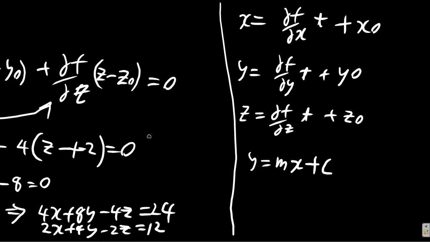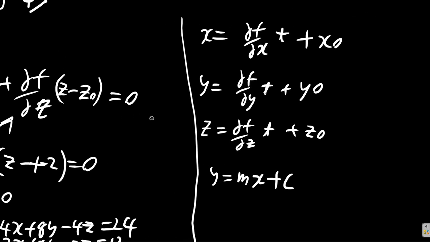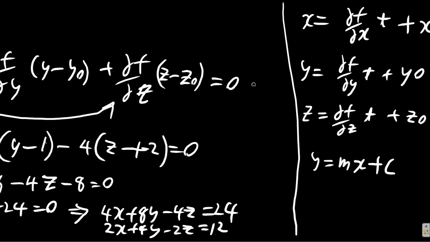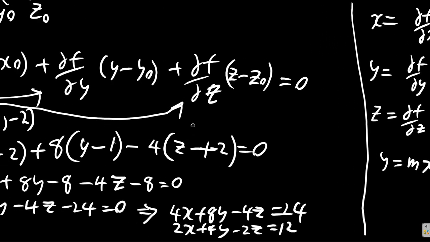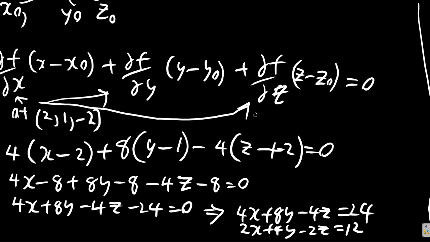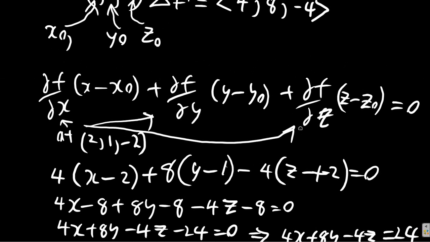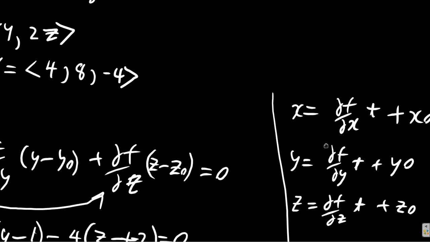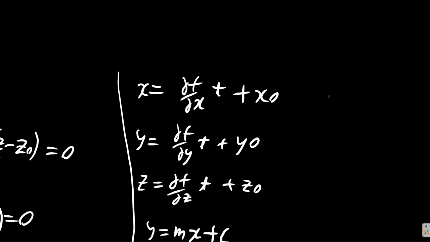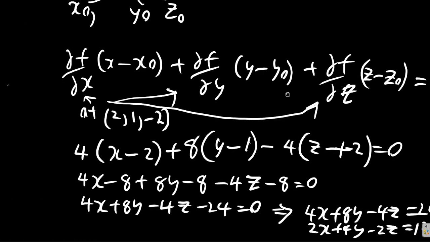Now delta f by delta x times t, delta f by delta x at the given point is 4. So it's 4, 8 and negative 4 that we have. So x is equal to 4t plus, what was x0 again?